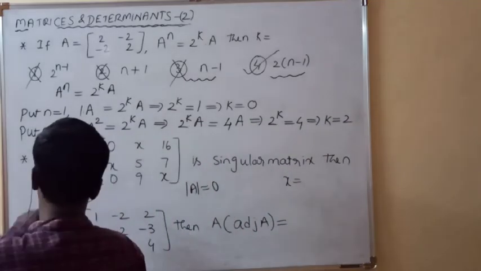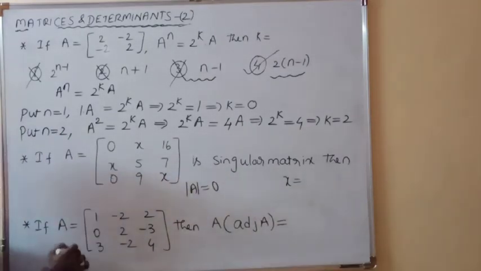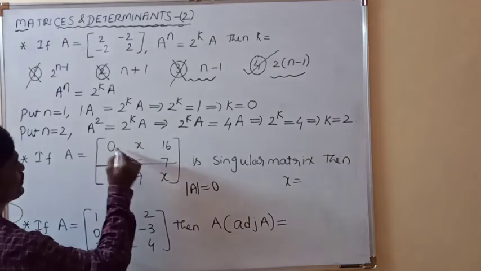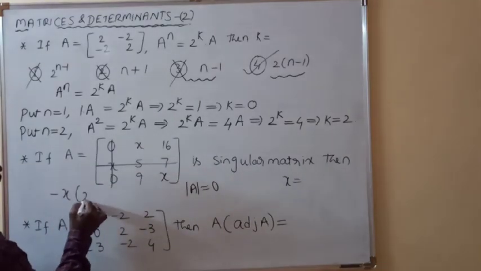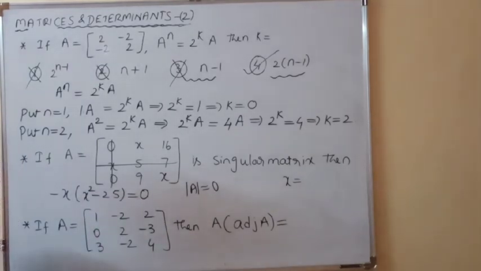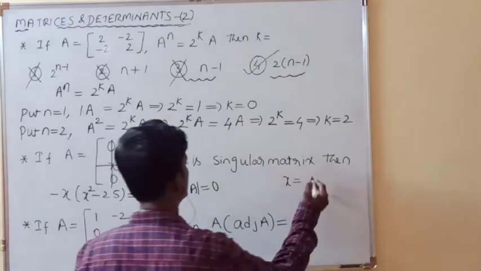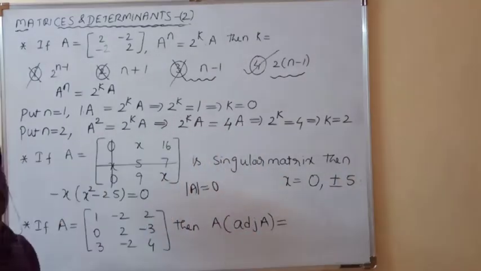If you expand along the first column, you will get minus x into x square minus 25 is equal to 0. On solving this equation, you will get x value 0 or plus or minus 5. So that was the answer.